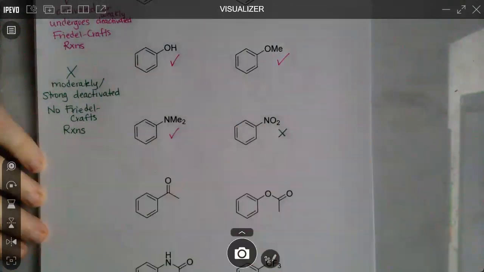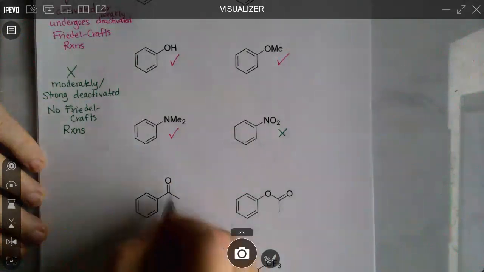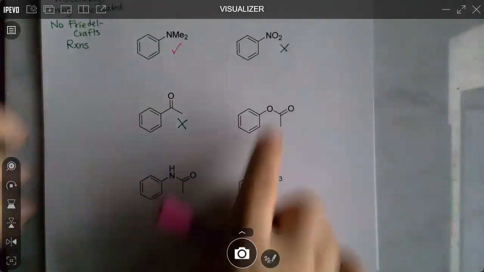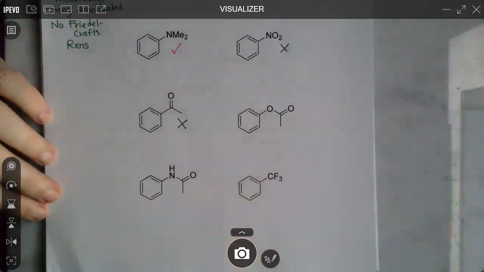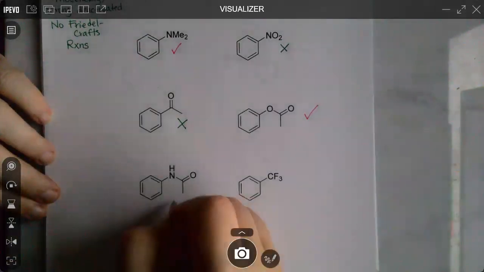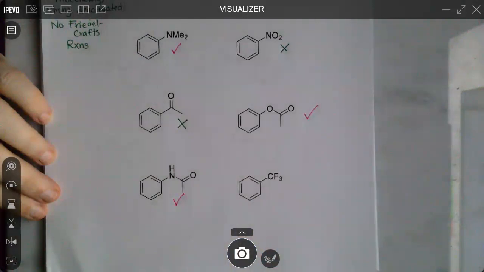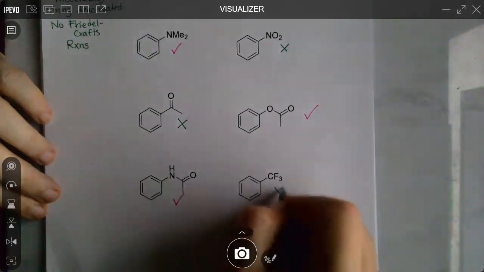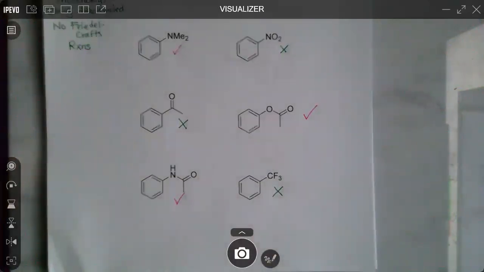Nitro groups are strongly deactivated, and this carbonyl is moderately deactivated. Whereas these two, because there's a lone pair directly attached to the ring, are moderately activated and will definitely work. And then here's another strongly deactivated one, so no Friedel-Crafts reaction can occur from that substrate.